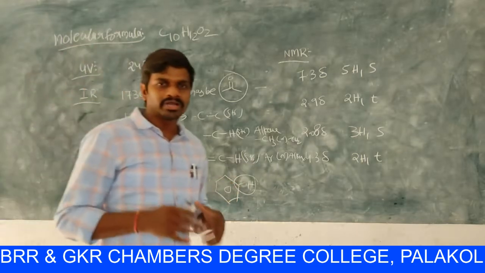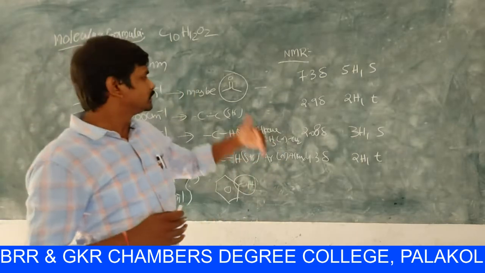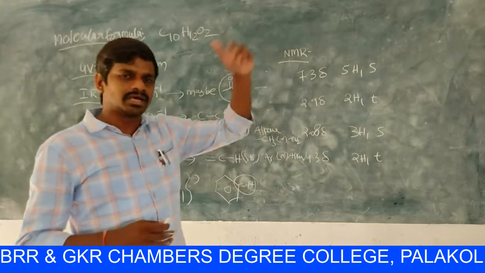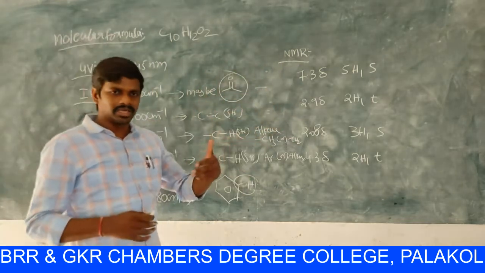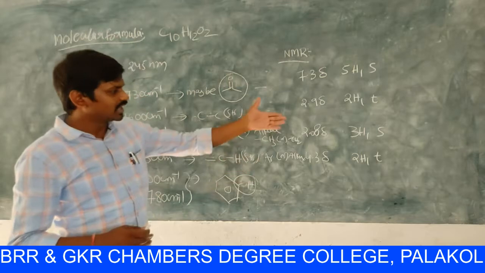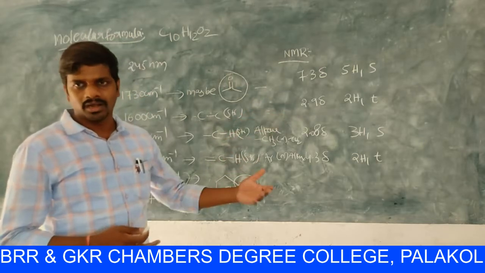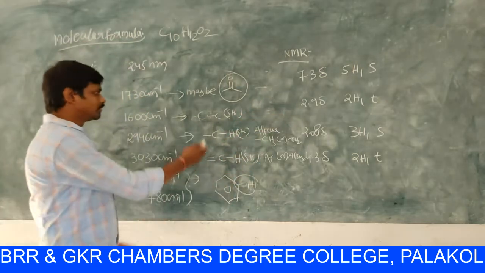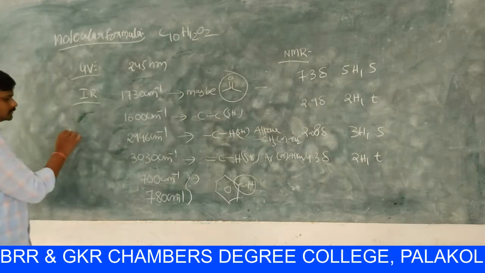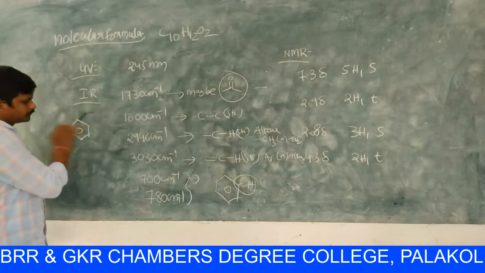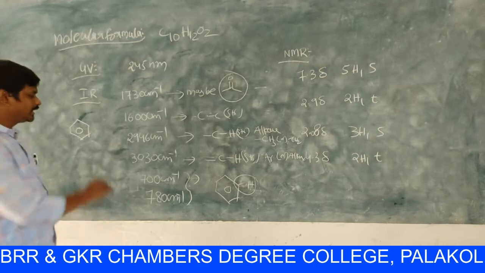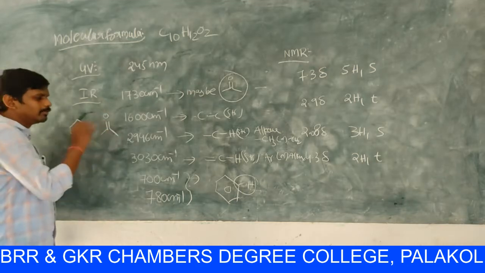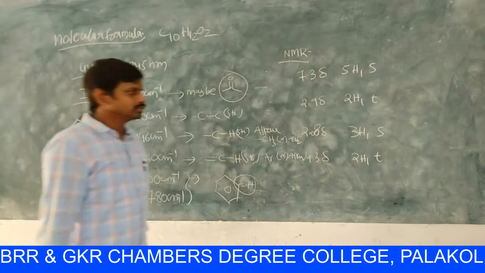Any other groups are confirmed by using NMR data and mass data. So the final conclusion is our compound contains one aromatic ring along with a C=O.